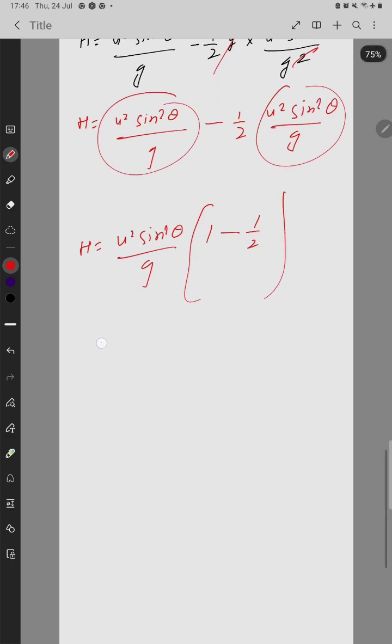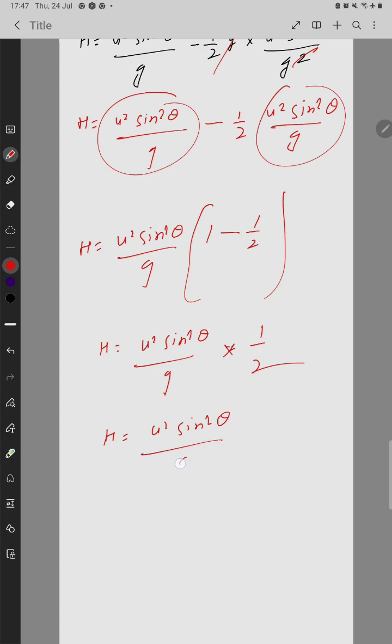So h is u square sin square theta by g times 1 by 2, which is u square sin square theta by 2g. So the maximum height is u square sin square theta by 2g.